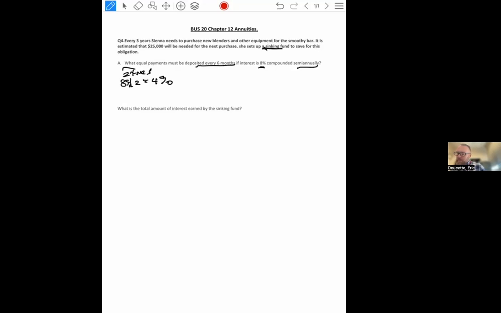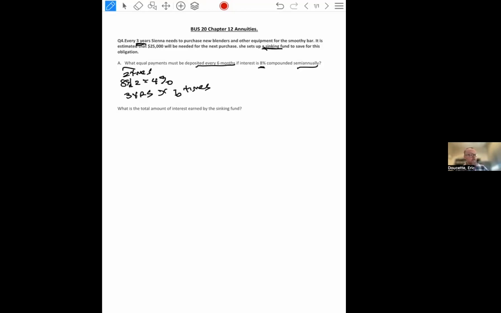Okay, 3 years times 2 times a year, so 6 times. You guys with me? So the 3 years means twice a year she'll be compounding it. So that's 6 times at 4% because the 8% is annual, but they're doing it twice a year. So 4% each time. So that's correct.